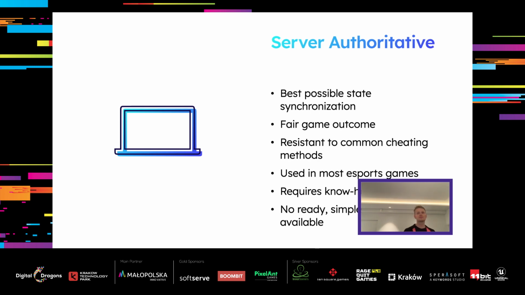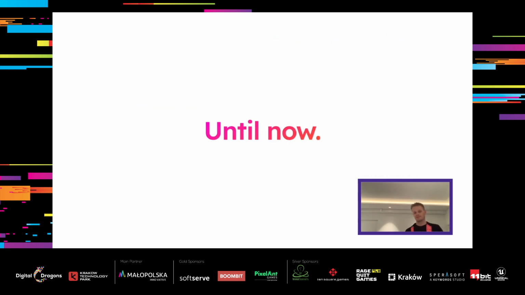It's resistant to many forms of cheating, and those exploits are easily available on client authoritative games. Implementing it requires significant know-how of those algorithms I mentioned, as well as packets and connecting players, and, for example, actually launching the game on the server. And there are unfortunately no simple, easy to use tools available up until now.